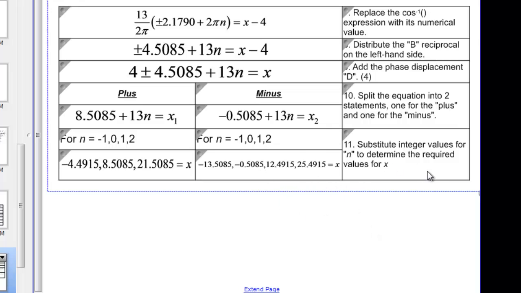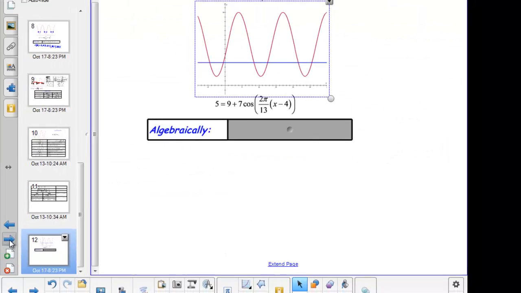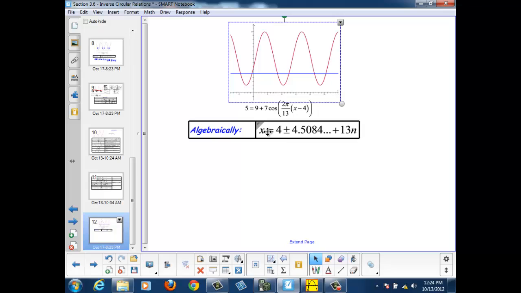So by substituting those integer values, I can find specific values as solutions. So algebraically, we could make the statement that x is 4 plus or minus 4.5084 plus or minus periods of our function.